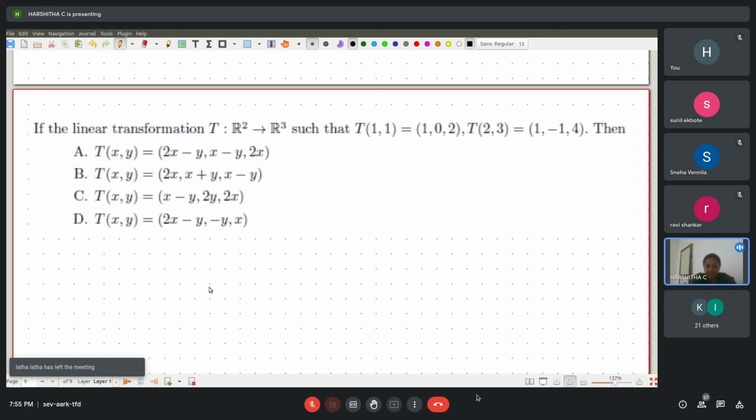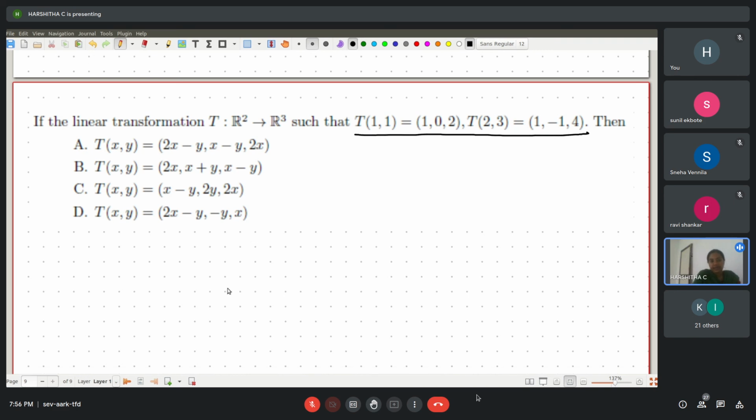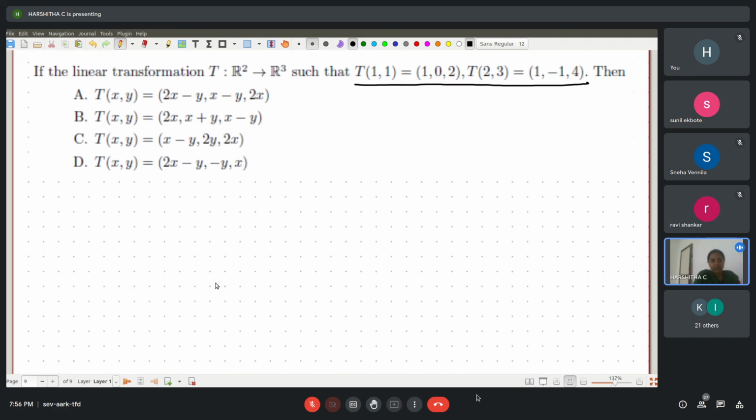And the way a linear transformation is defined, if you take a sum, it splits, and if it takes scalar multiples, it gets multiplied, and so on. You can actually determine the value of the transformation at any point. Here we just know the value at 2 points, (1, 1) and (2, 3). So how do we get it at any random (x, y)? What do we do?